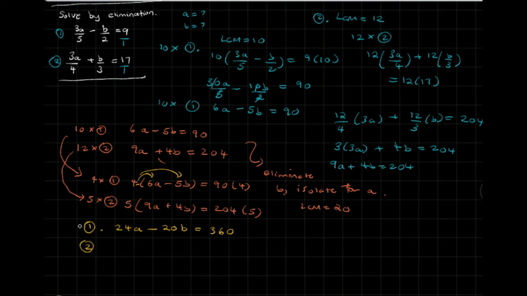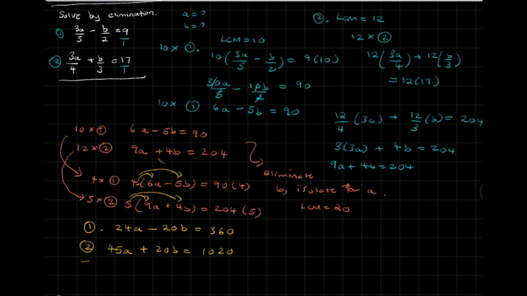Now equation 2 here, if you multiply the 5 outwards, 5 times 9 is 45a, 5 times 4b is plus 20b, and 204 times 5, if you punch this in your calculator, is 1020.